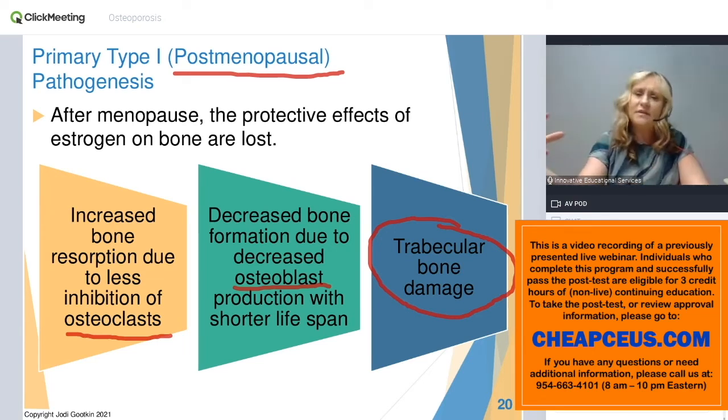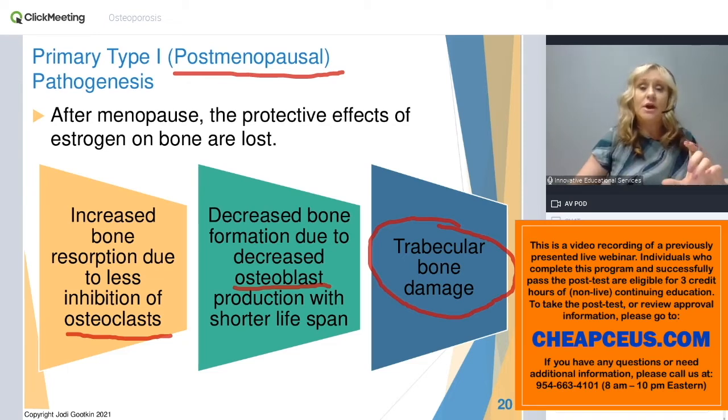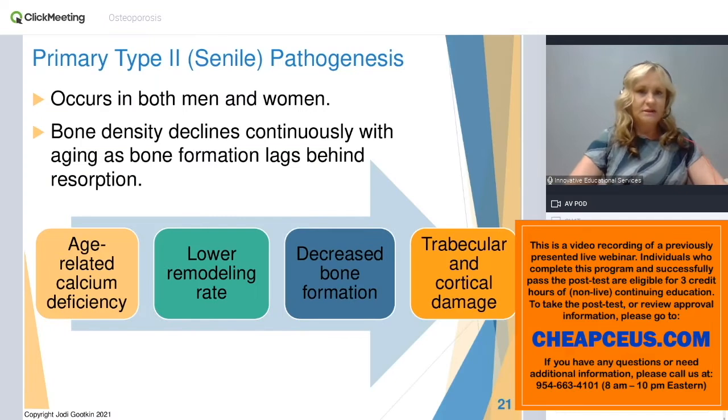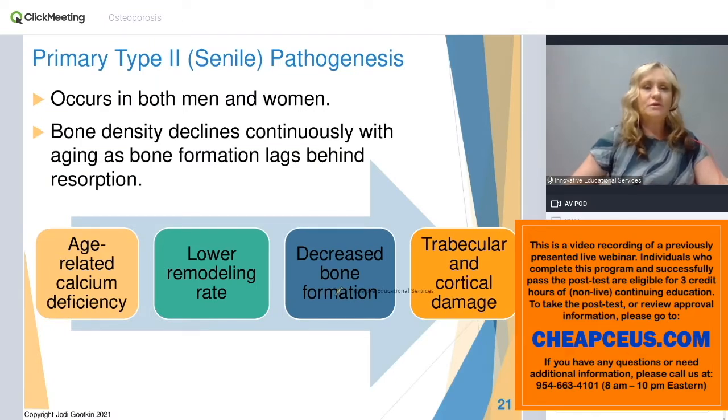But if you still add that up, that's a significant restriction in the integrity of the bone. So good opportunity there, particularly early on, to make positive changes with exercise programs and other interventions. Type 2 osteoporosis is senile.